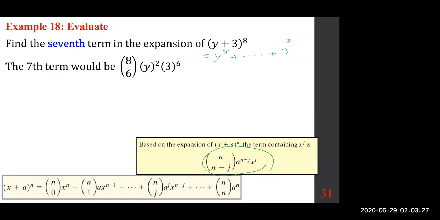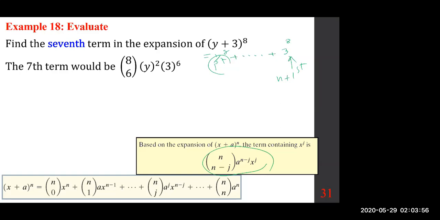Okay. So we don't want to expand this from A to Z. We are looking at this concept that we want one of the terms. And it's important to know this is your first term, everybody. And this one is the n plus first term.